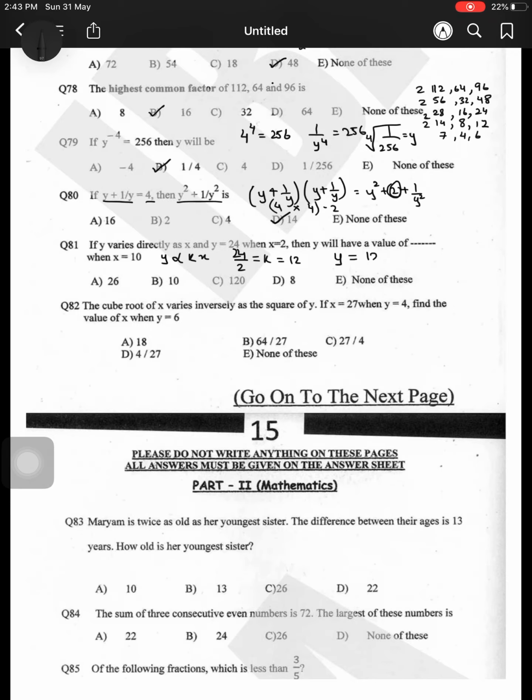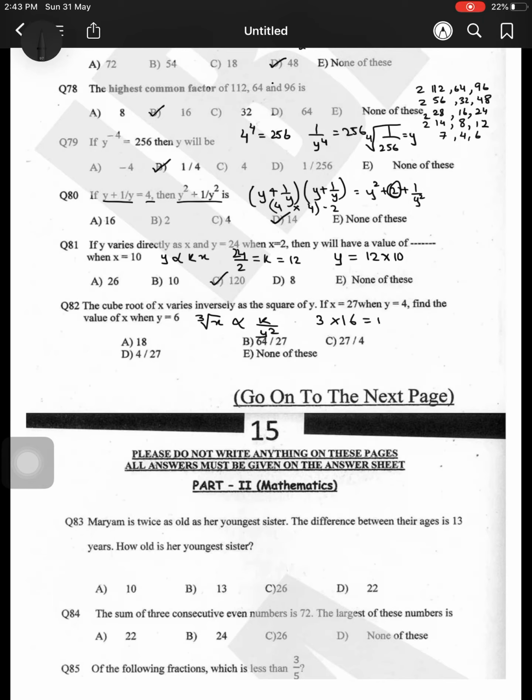Now we have to find out y when k is 12 and x is 10, so that is 120, which is C. This next question, he says that the cube root of x is inversely proportional to y square. So x is 27, but we know that the cube root of 27 is going to be 3.